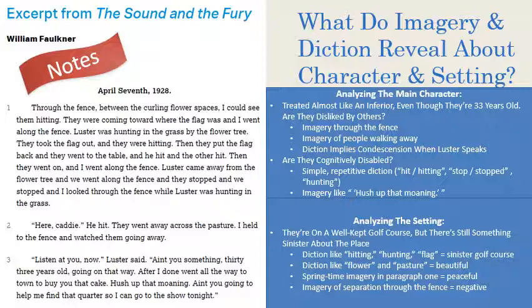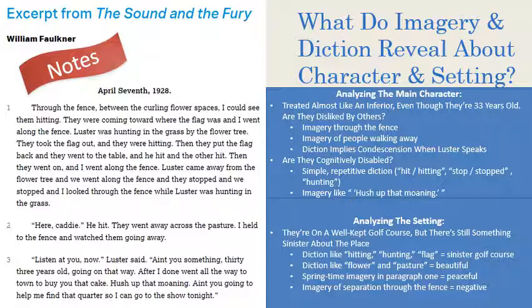I implied to you that there was something kind of sinister and mean about this place, which is true, but also that we can look here and we can say, oh, I see, they're on this golf course, and even though this is a beautiful, well-kept golf course, there is something kind of mean about it. This place is not the nicest place in terms of the feeling of it, right? The tone toward the golf course is not great, even though it may be a beautiful place.